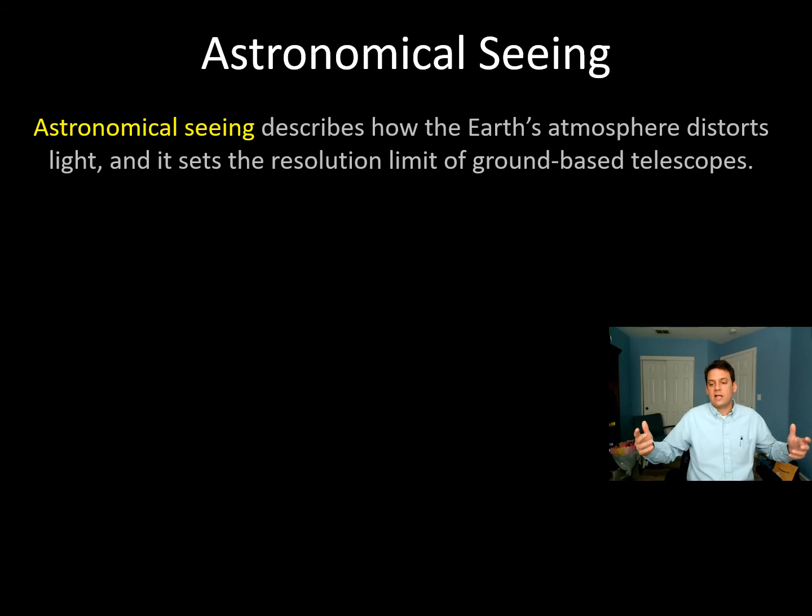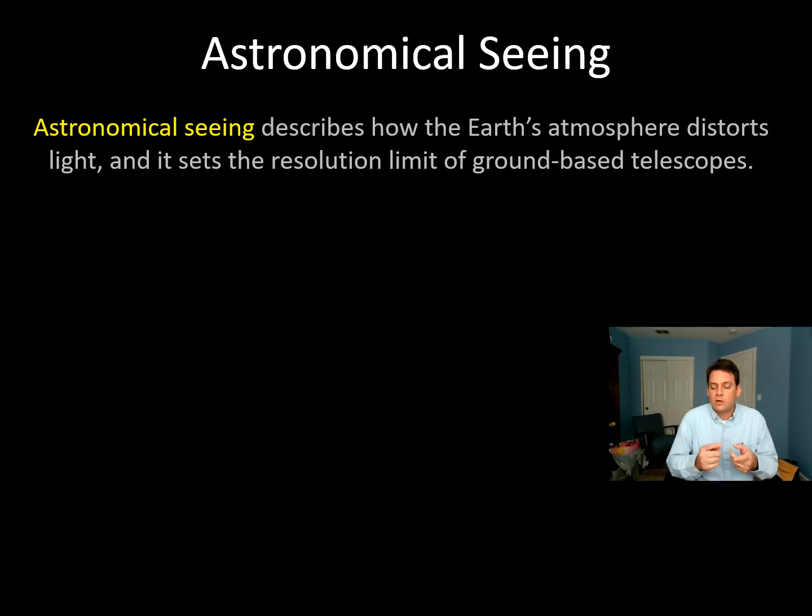The star's light comes who knows how many light years to Earth, passing through the vacuum of space, and then just before it gets to your eyes, it passes through the Earth's atmosphere and gets warped. And as it turns out, that effect is what's responsible for setting the resolution limit of ground-based telescopes.